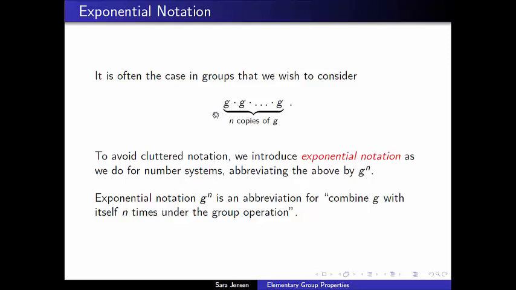If I have n copies of G right here, I would define this to be G to the nth power, and that will avoid a whole lot of cluttered writing. But what we need to remember about this exponential notation is that it is literally a shorthand for combine G with itself n times under whatever the group operation is.